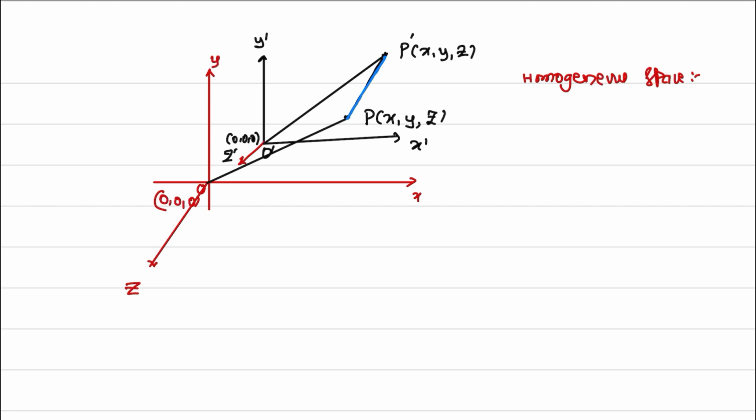If the space is homogeneous, by translational changes in the origin or coordinate system, this is called translational invariance.